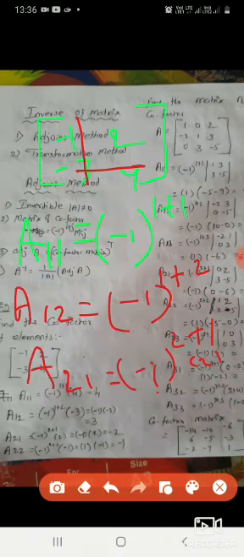So minus 1 the whole power 3, that is equal to minus 1 into 2, that is equal to minus 2. Then next one, A22. A22 is minus 1 the whole power 2 plus 2. A22 is this one, second row and second column you have to leave, minus 1 is going to come. Minus 1 the whole power 4 is 1, 1 into minus 1, minus 1.